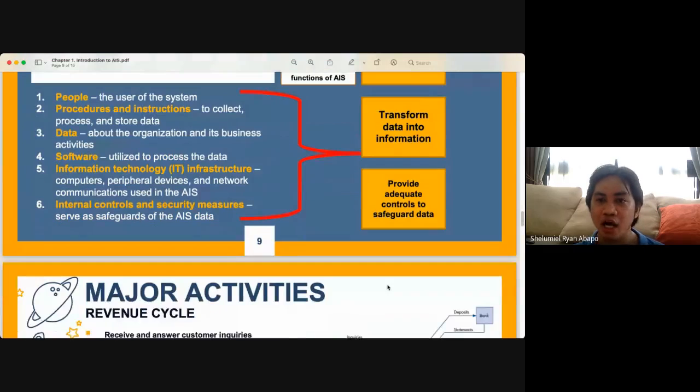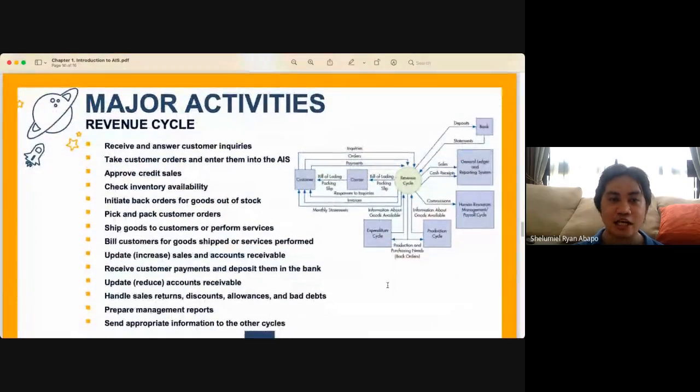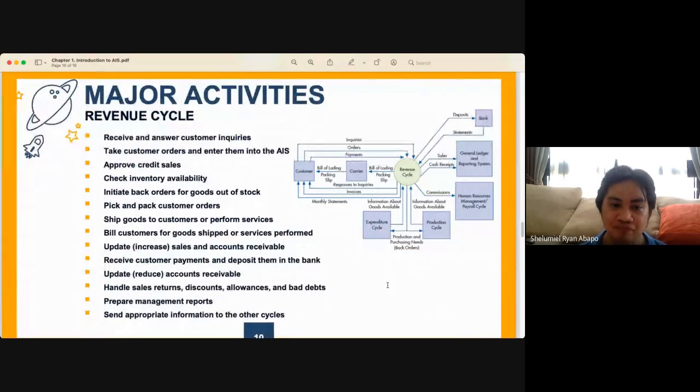Okay? Now let's proceed to the major activities of the first transaction cycle, which is the revenue cycle. In the revenue cycle, it all starts with the receipt and answering of customer inquiries. This is basically the start of the negotiation part of a contract of sale. It's not automatic that you enter the contract of sale.